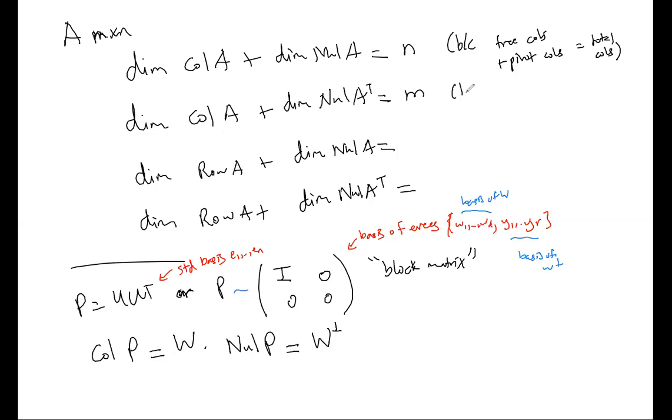So it's because a space and its orthogonal complement give the total space. And then if you just do the same reasoning for the transpose of A, you get each one separately.